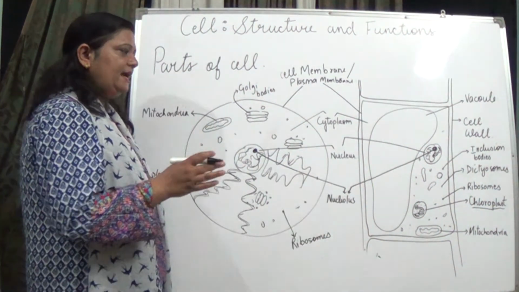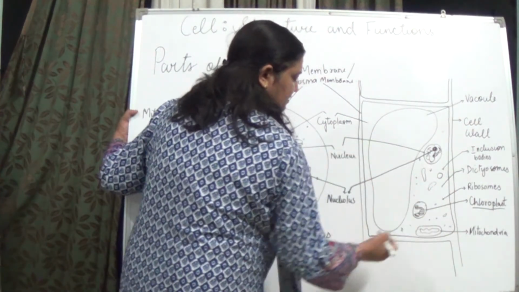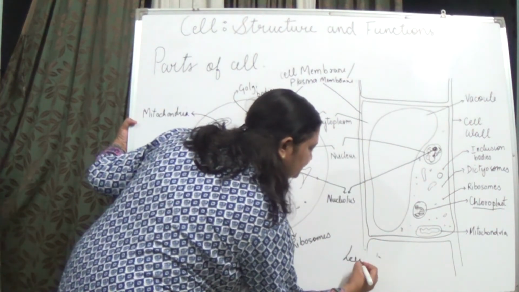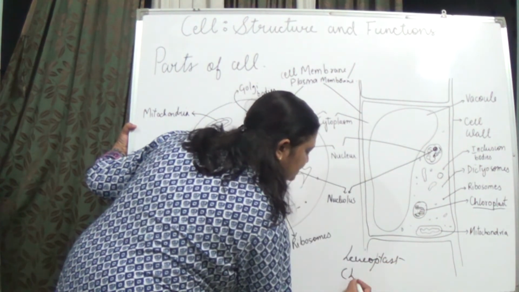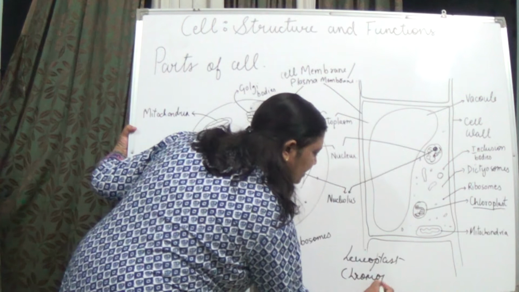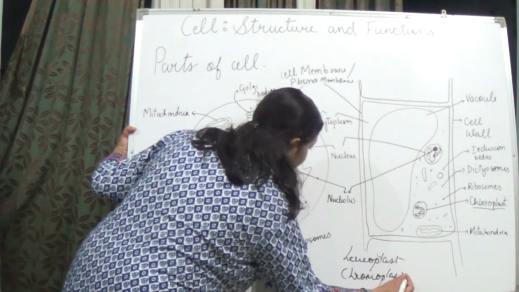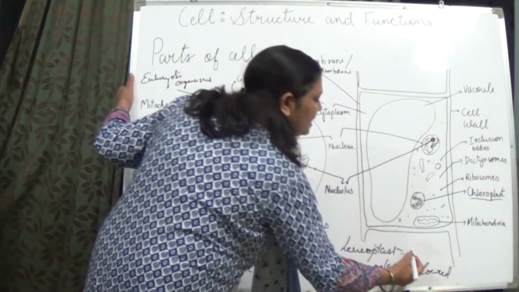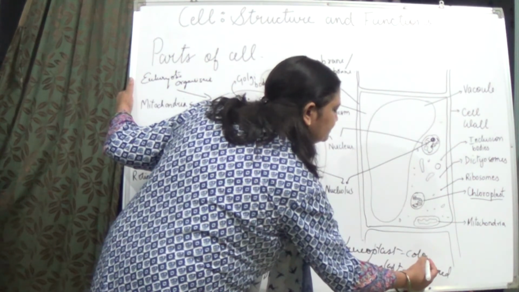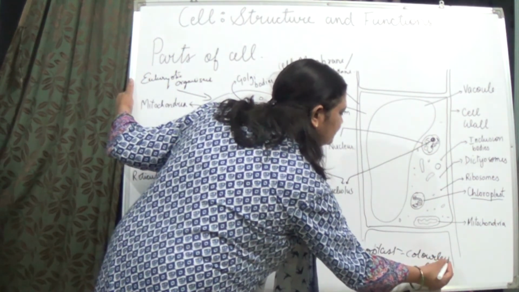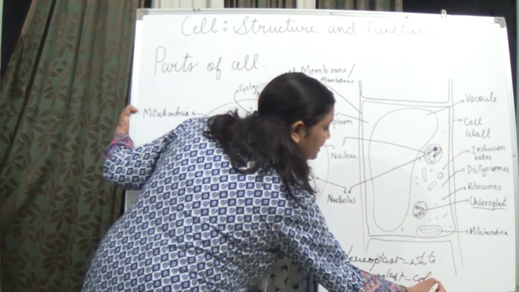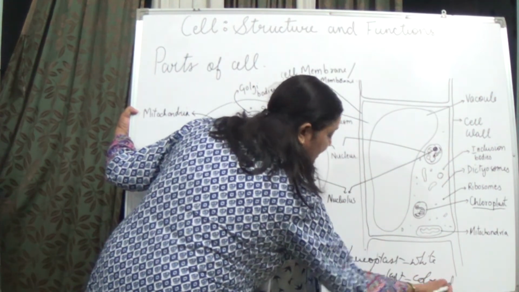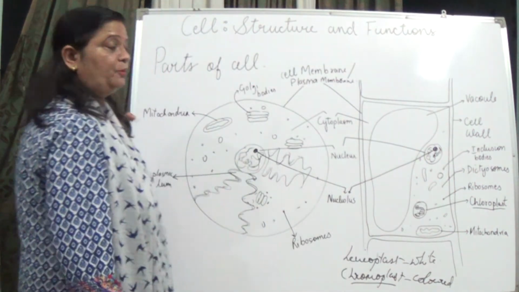Besides the chloroplast, leucoplast and chromoplast are also present. Leucoplast is colorless in nature. Chromoplast is colored, so the different colors which you are seeing come from the chromoplast.